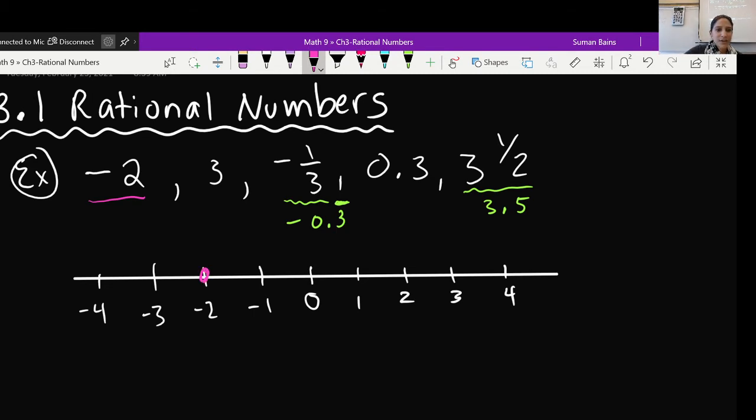So our -2, I'm going to place it there with the pink. The 3 we know just by looking at it. And then for the negative, I'm going to use the green for that. But the -0.3, what's a good place for me to put it? Okay, good.